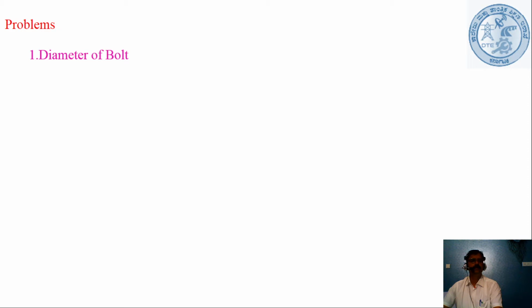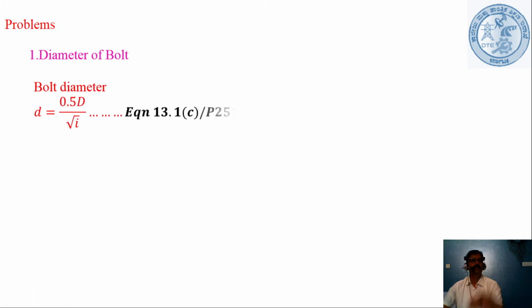Now the diameter of the bolt. The diameter of the bolt can be calculated by the empirical rule: d is equal to 0.5D divided by square root of I, where I is the number of bolts. The equation we have taken is 13.1C, page number 251 from the design data handbook.